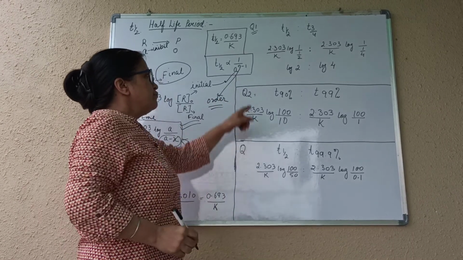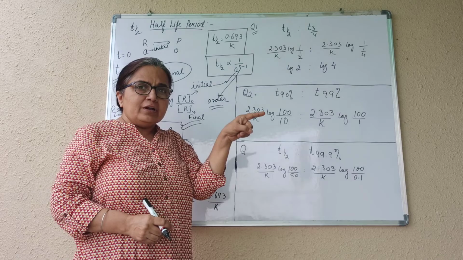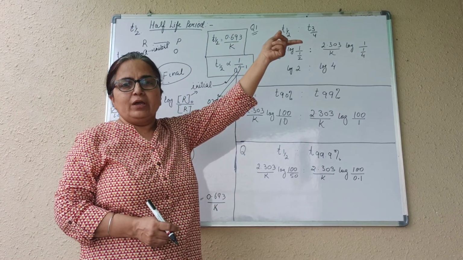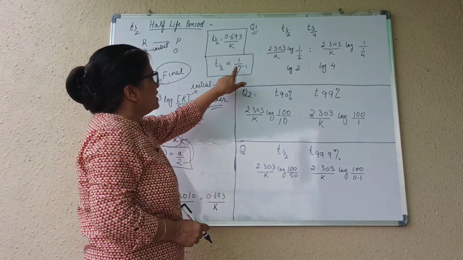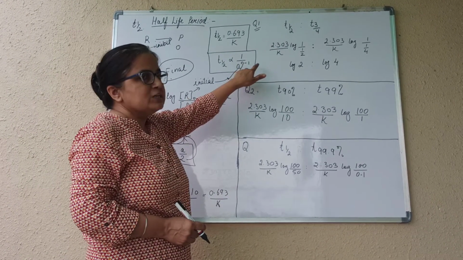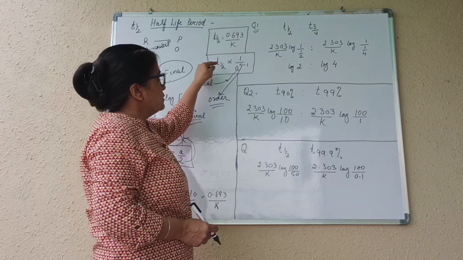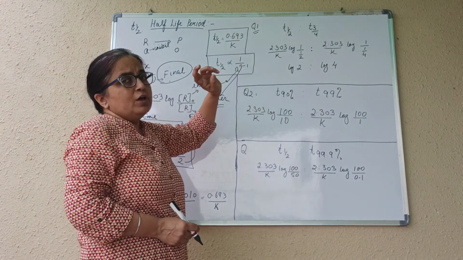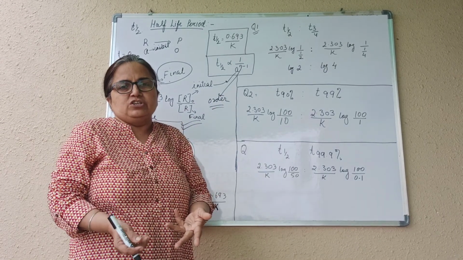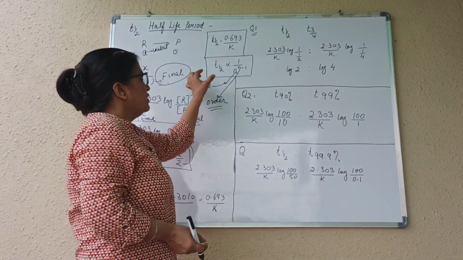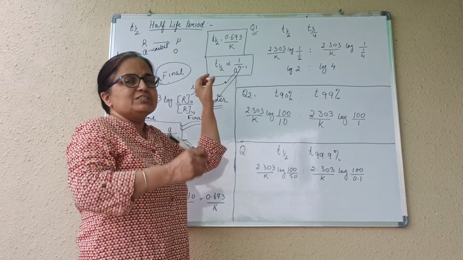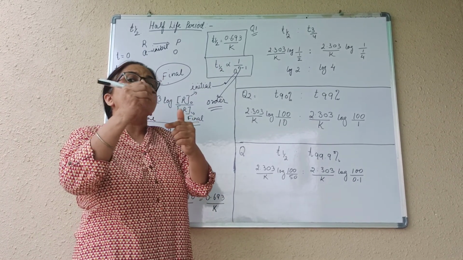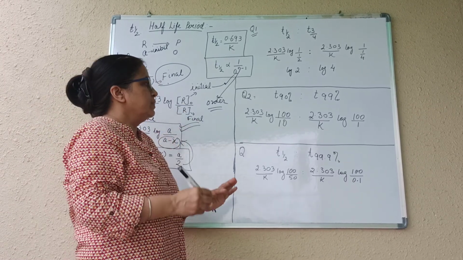That means if I take zero order reaction, t half is directly proportional to A. If it is first order reaction, I will put the n value as 1, so n minus 1 will be 0, which means t half is independent of concentration. Likewise, we can put n as 2 for second order, inversely related to initial concentration, and so on. So you can use this very important relation: t half is inversely proportional to initial concentration to the power n minus 1, where n is the order.